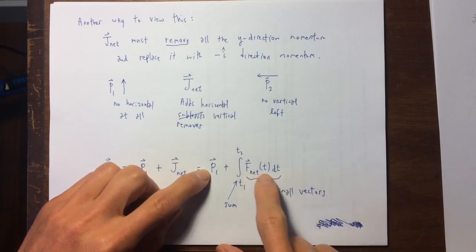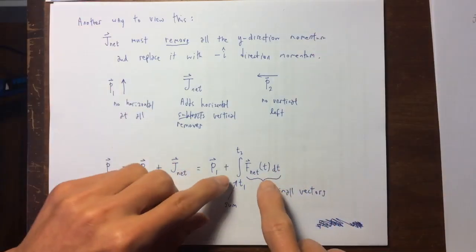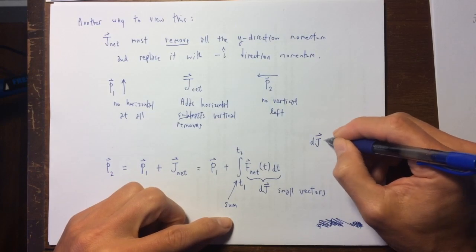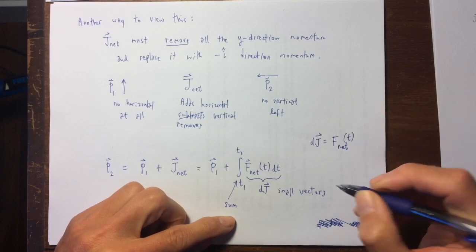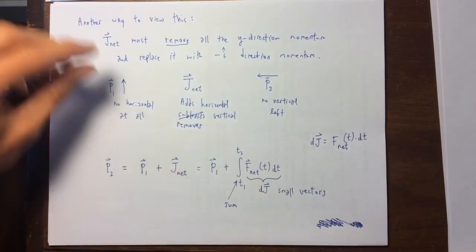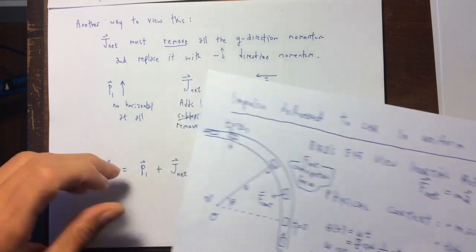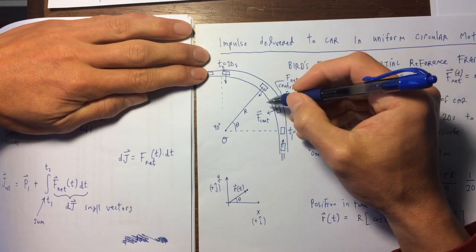So I want to imagine thinking about these really small vectors. These small vectors are F net at different times times a small time interval, and F net at the different times are these F centripetal.